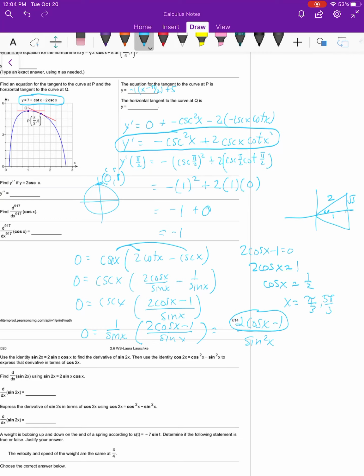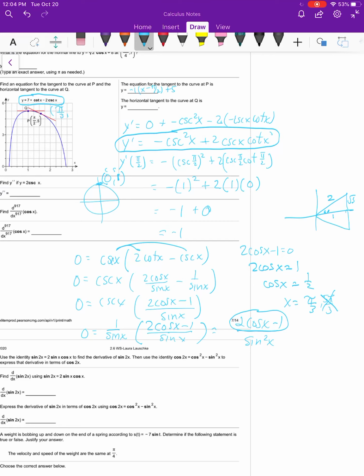I mean, it looks like it's on 1, but if you were looking and you said, okay, well, what is 3.14 divided by 3? It's like 1.046. And you would throw out 5 pi over 3 because of where it's located. So Q is the point pi over 3, comma, and then you could find the y value.